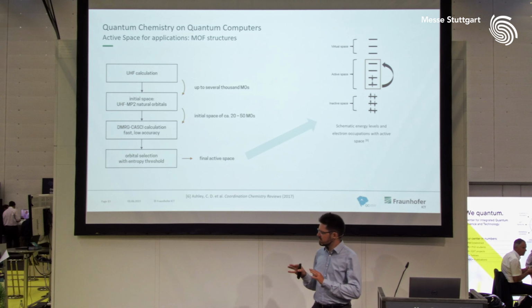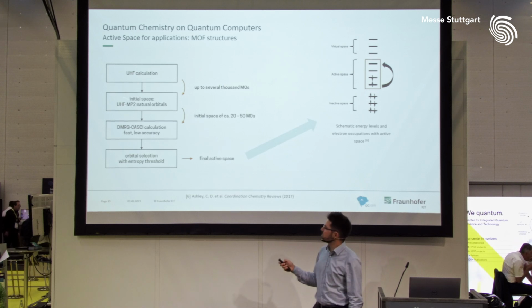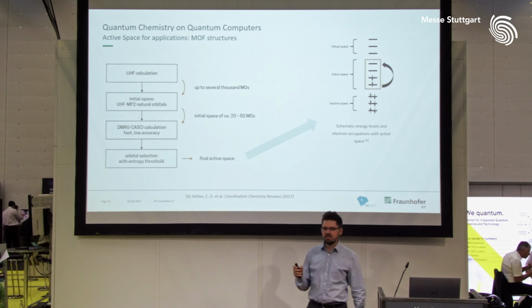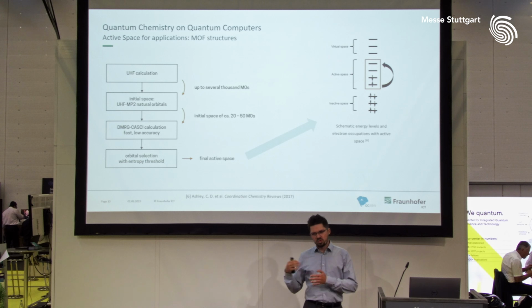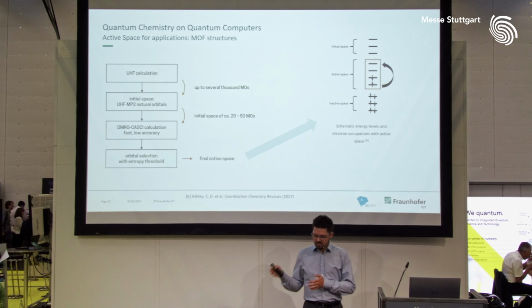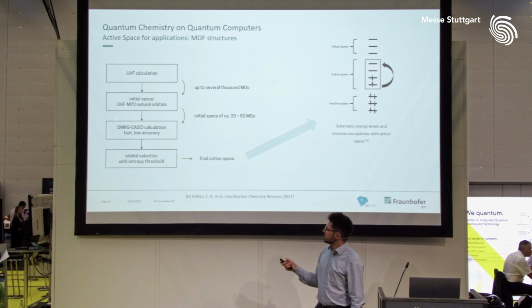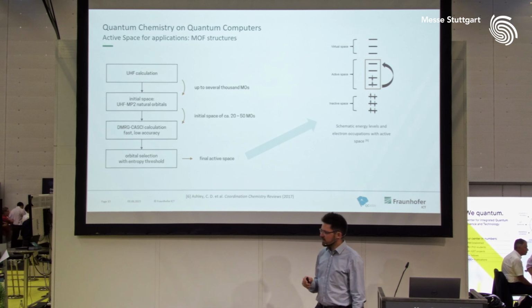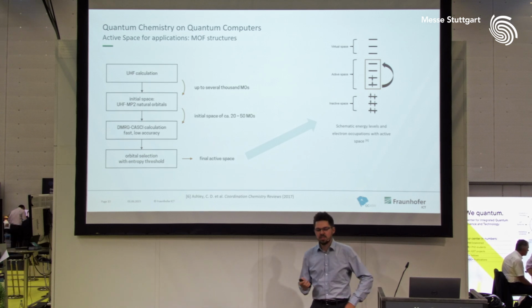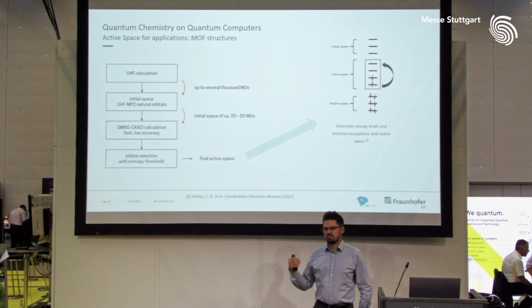But this is still not good enough, so we do some Møller-Plesset perturbation theory on that, which is also quite efficient on a classical computer. And also some other low accuracy methods to get the molecule in an approximate way.